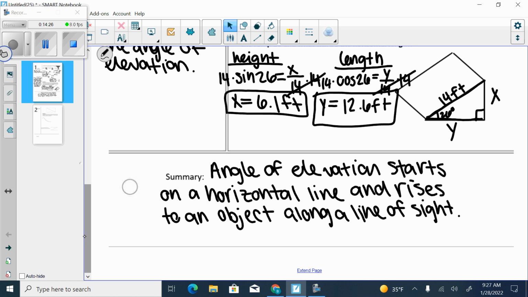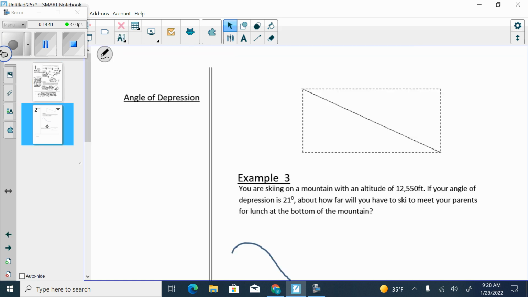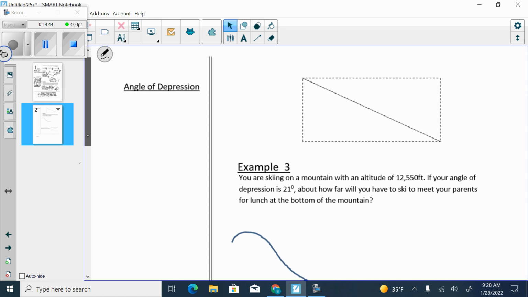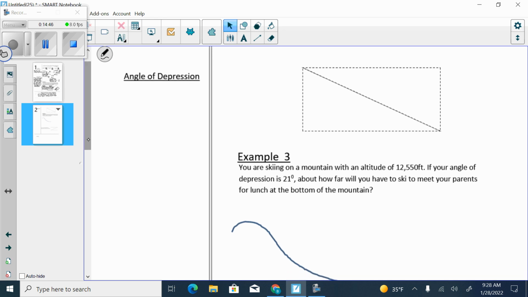Okay. Once you guys have that written down, if you will flip it over onto the back, we're going to talk about angles of depression. Okay, everybody have that before I flip over? Yeah. All right, so it says angle of depression. Okay, this is if you look down at an object.